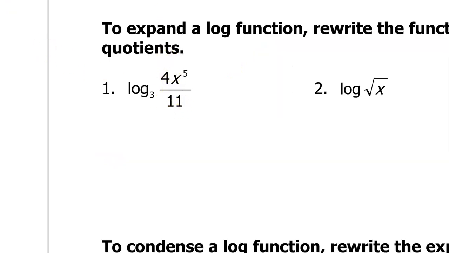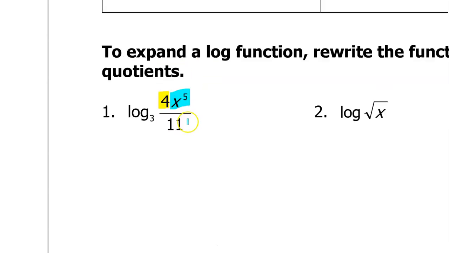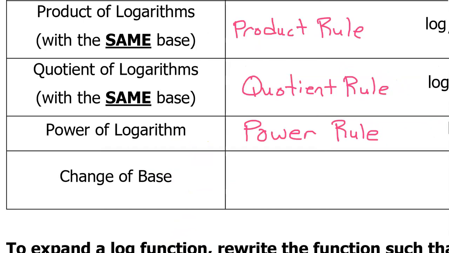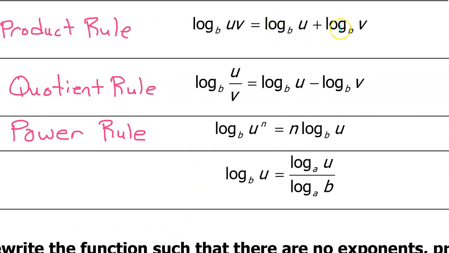Because in the numerator, we have a product, right? We have 4 times x to the 5th power. But then, of course, all of that is being divided by 11. So when we talk about the product rule, we write something plus something. When we do the quotient rule, we do something minus something.